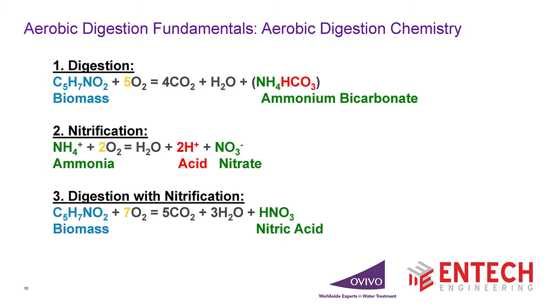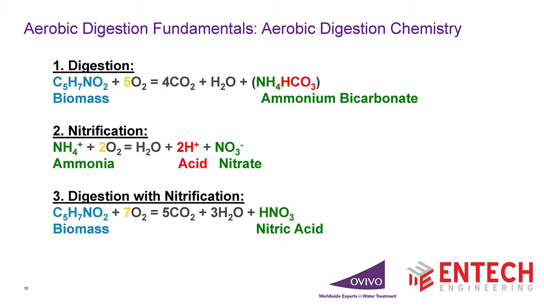So there's good, firm science here. We'll go through it step by step. The last equation that we'll show you is the important equation. But this is just to show you that we know what's going on, and we know the fundamental basis for it, so it's not magic. In digestion, what you see here is that we take biomass, bacteria and organic matter, and oxidize it to carbon dioxide and water.